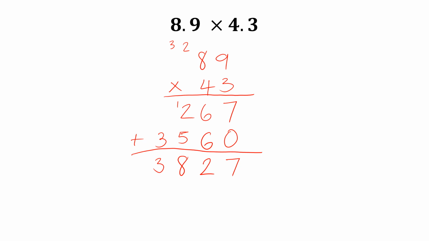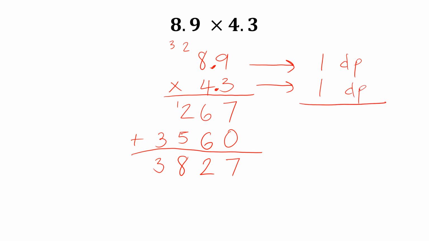After we are finished multiplying, I'm going to insert our decimal points in order to check our decimal places. In the first number, we have 1 decimal place because there is only 1 digit to the right of the decimal point. For the second number, it's the same because we only have 1 digit to the right of the decimal point.